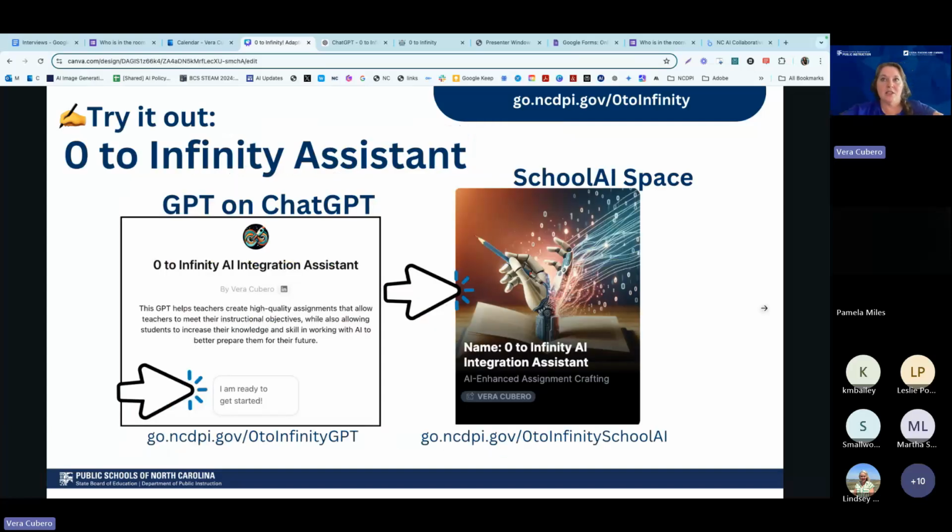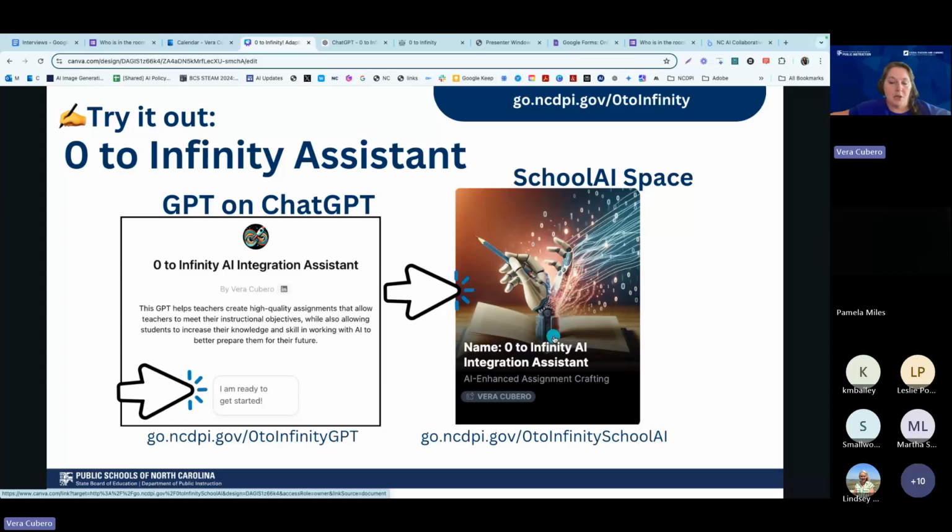And then this slide has a link to the one that we're using. But if for some reason folks can't access that ChatGPT one, like maybe they're not allowed to create a ChatGPT account, I created the same thing in School AI, and it works pretty well. It's just not quite as advanced, but it does work.